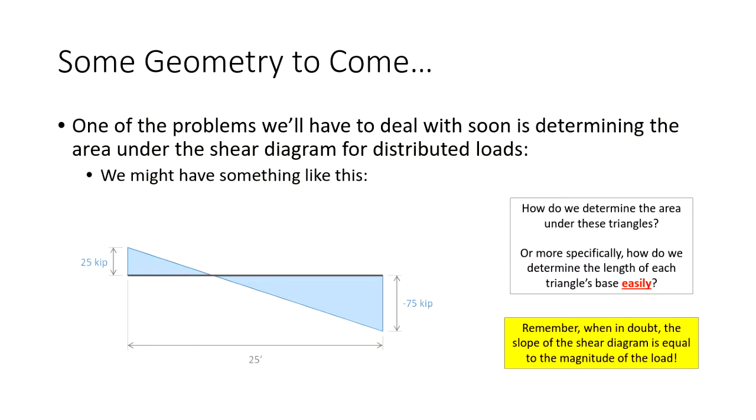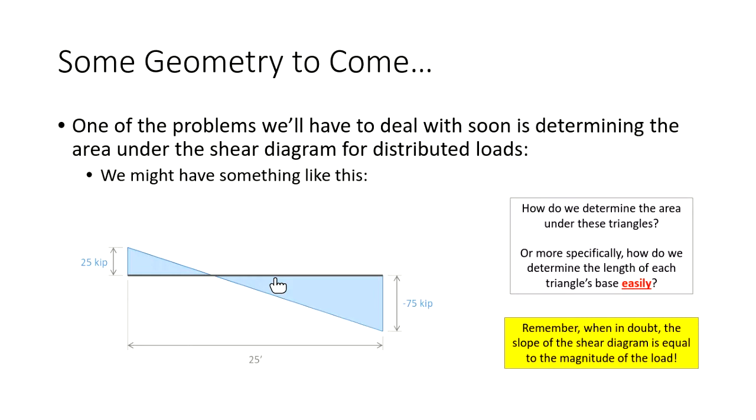These numbers don't really matter all that much. And so let's say I have a shear diagram that goes from 25 to like -75. Okay, well, in order to draw the moment diagram, I have to find out the area under the curve. So what it means is I have to find the area of these 2 triangles. And so I want to make sure that we're clear on doing that easily.